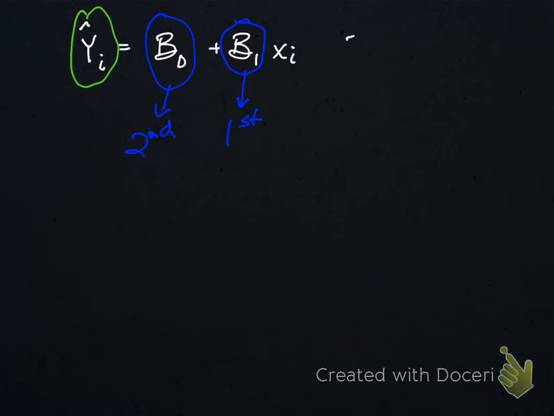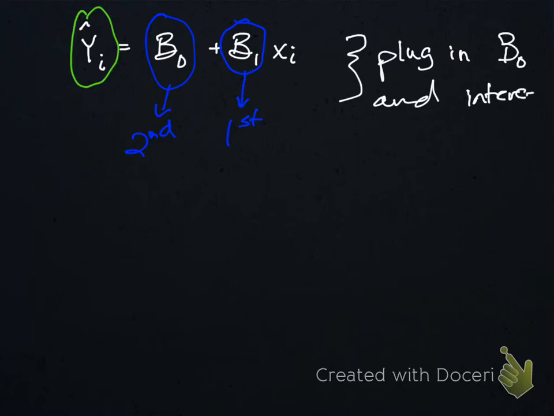And third, we're going to plug in that slope and intercept term for each and every person, and that's how we're going to get each and every person's y-hat. Now, in reality, we don't actually have to do this math. It'll be done in R or whatever statistical software, but this is what's going on behind the scenes.